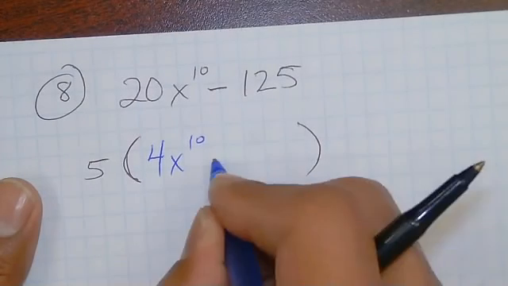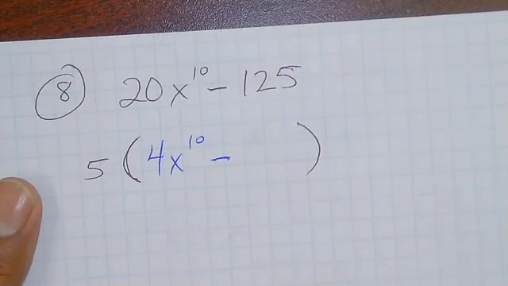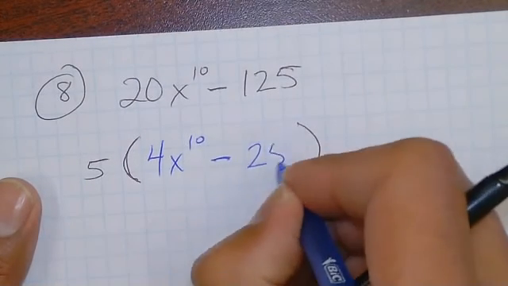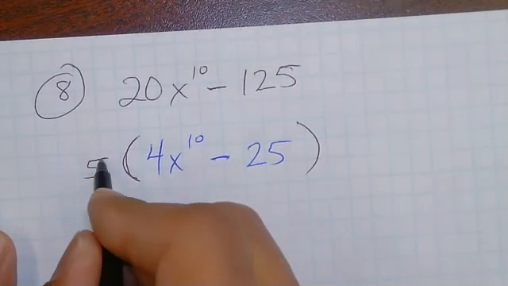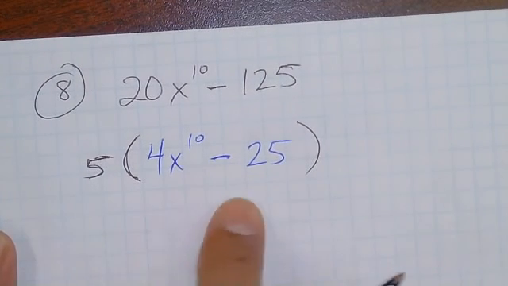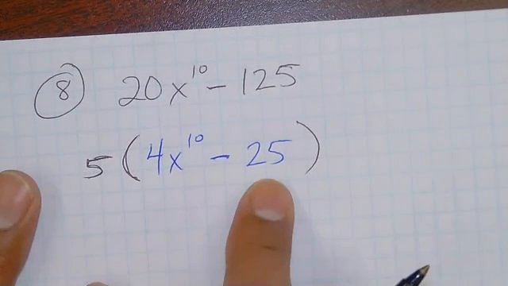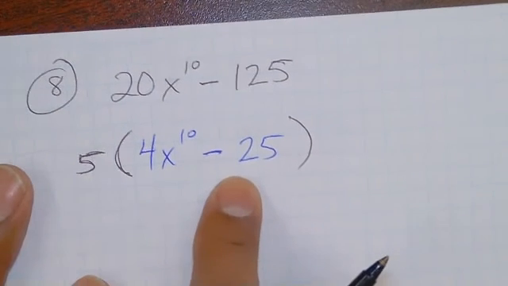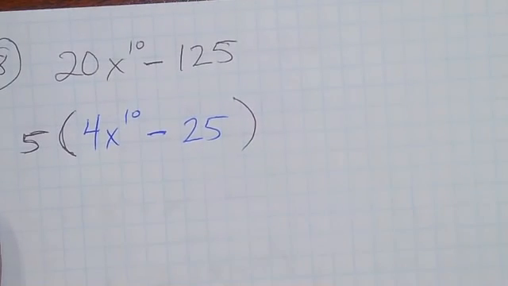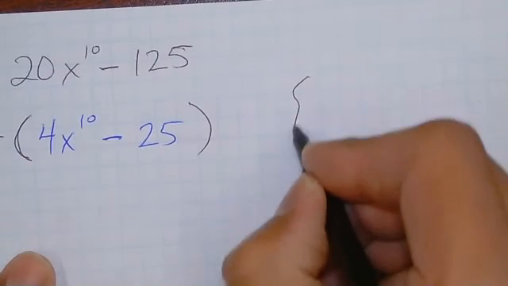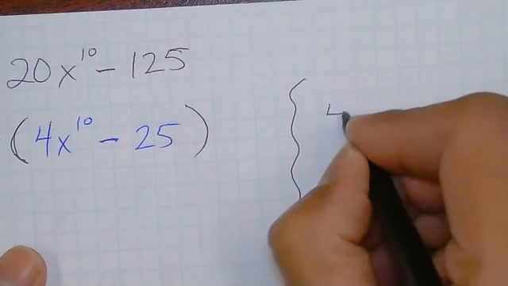Tell me, what did you get in here? 4x^10 minus 25? Correct, that's correct. And I know this is not a product of binomials because there's only 2 terms. Usually it has 3, but this is possibly a difference of squares. Well, I do have the difference.